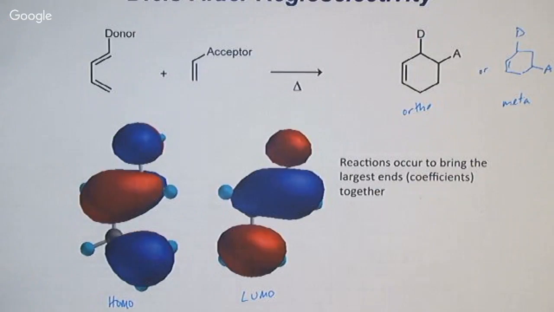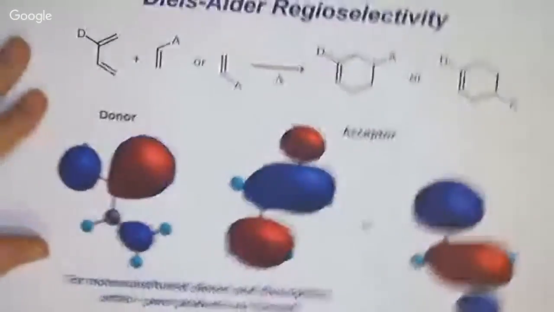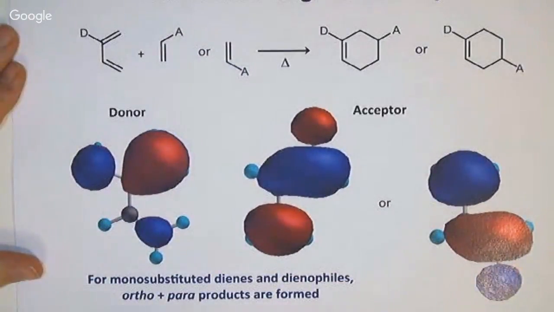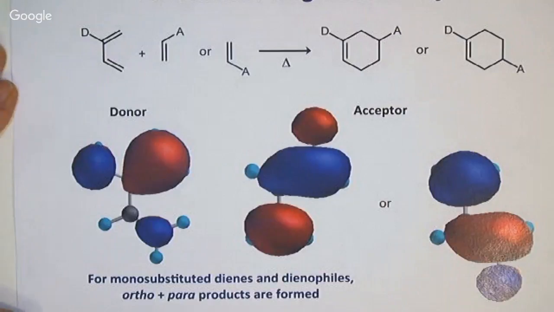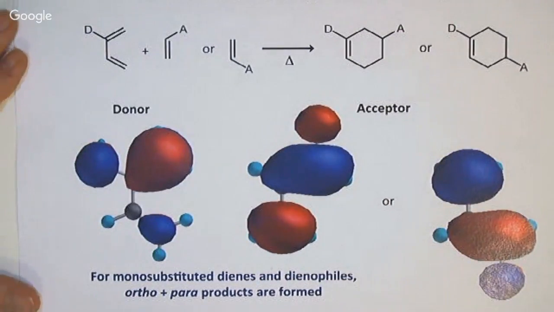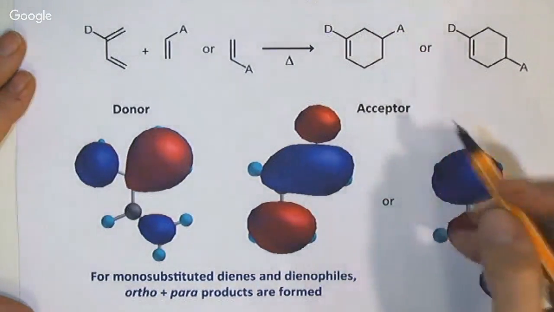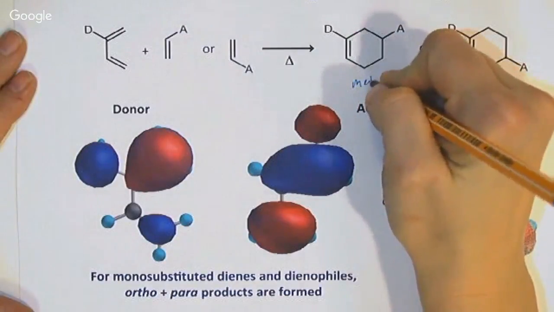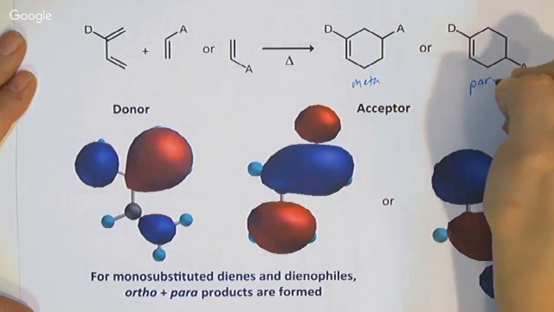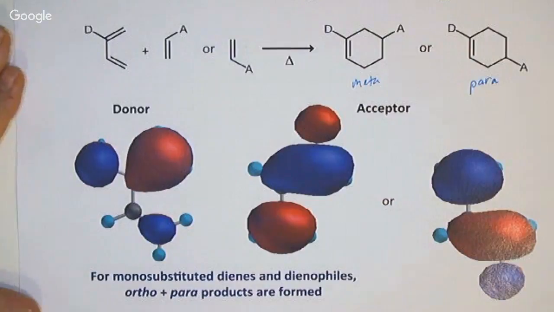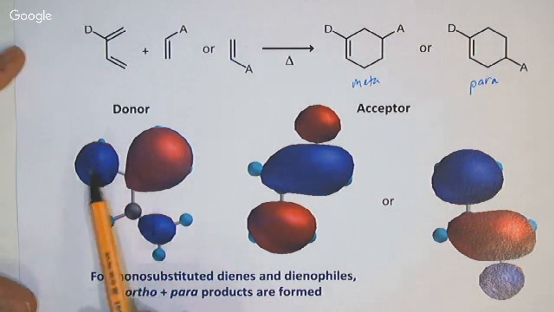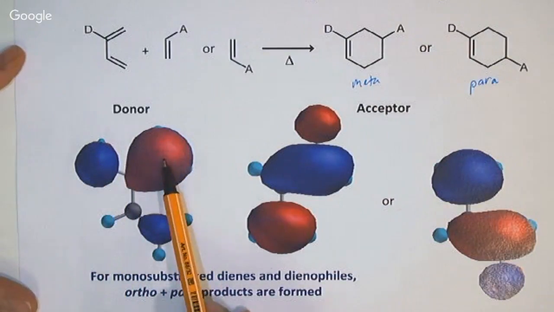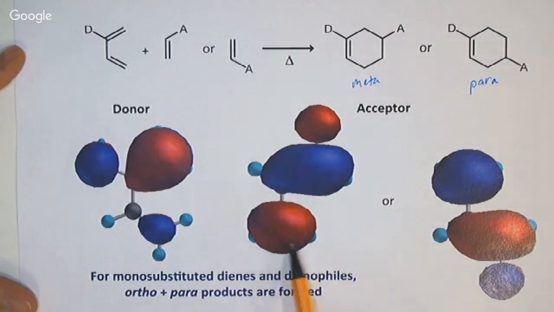Turns out that if you used not a one substituted diene, but instead a two substituted diene, right? You could have either the meta product or the para product. And again, we can look at orbital coefficients. From the donor, we would see that here C1 has the largest coefficient, and of the acceptor, right, this carbon still has the largest coefficient. So what we need to do is flip it over, and it would look like this.